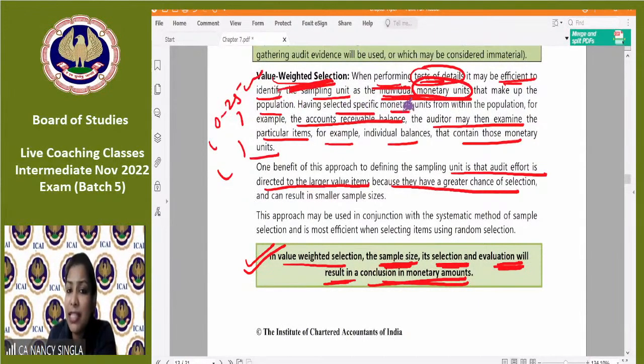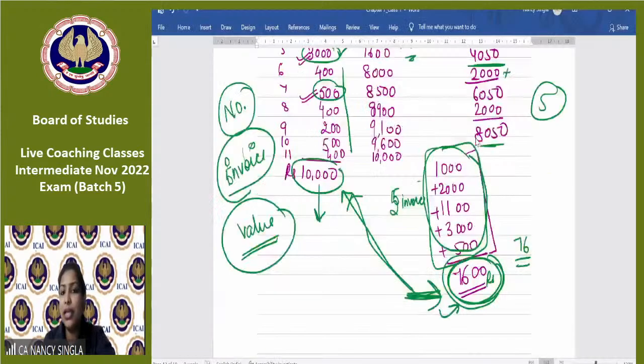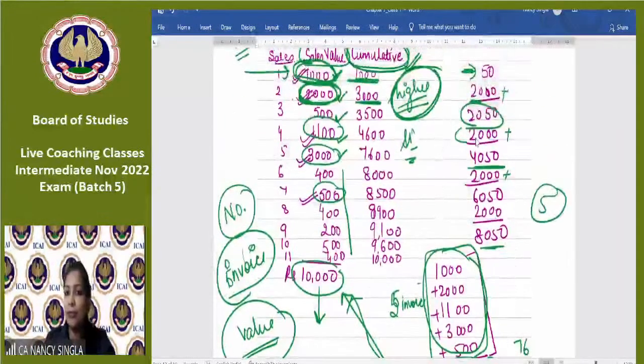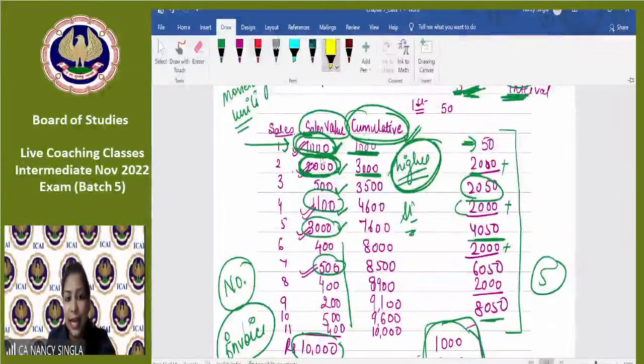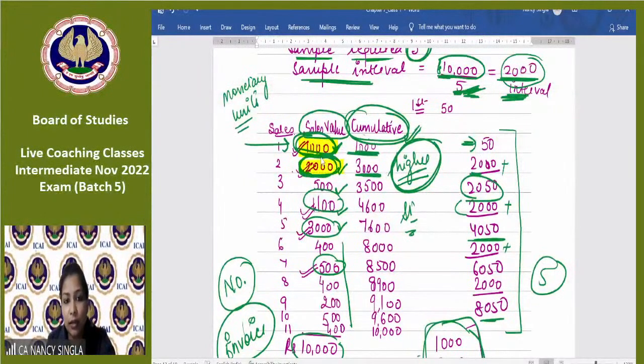Having selected specific monetary units from the population, for example, accounts receivable, the auditor may examine the particular items, the individual balances. See here, the auditor has decided the interval. Based on the calculations, he has selected the individual values that he will check.